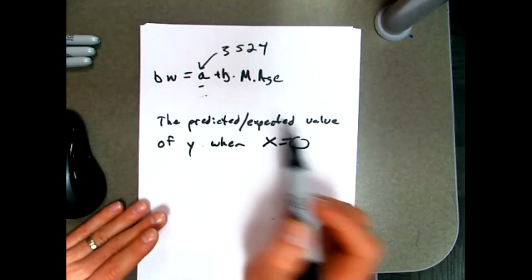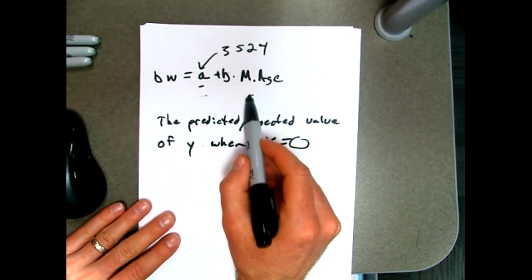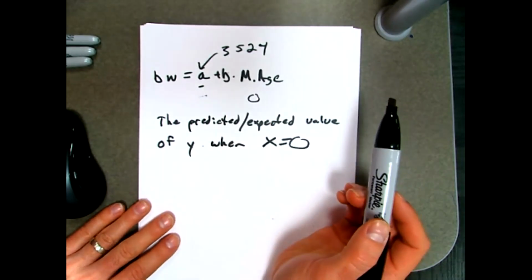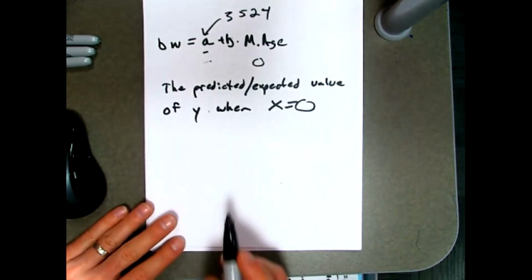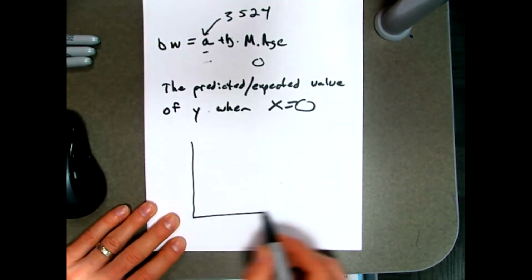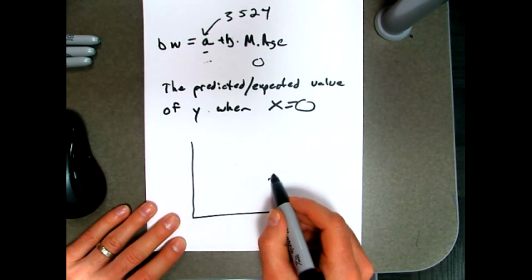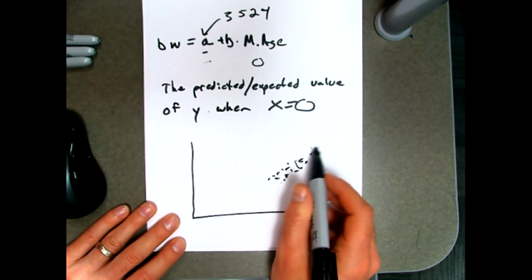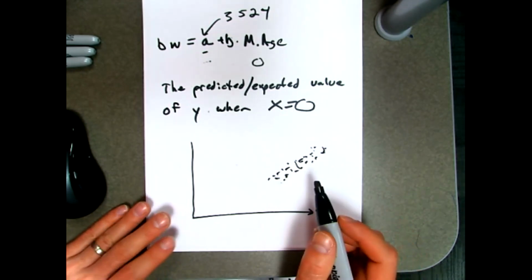So here, it gets a weird interpretation, where if the mother's age is 0, the expected birth weight would be 3,524. And the reason we find that is because when we look at mother's age, we're not seeing really, really young people.